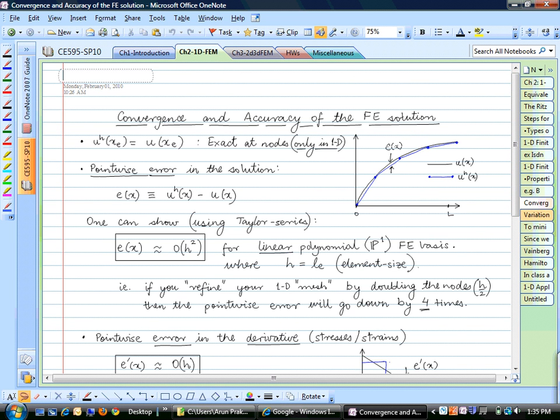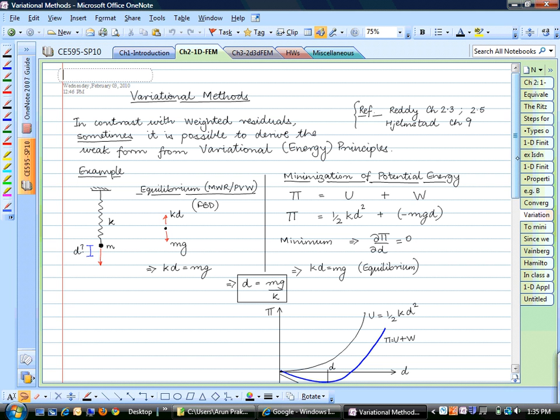These are the two ways of decreasing the error between your computed solution and the exact solution. Okay, so last time we started to take a look at some of these variational methods. Now variational methods are an alternate approach to the method of weighted residuals. And whenever you hear the word variational methods, you should think of energy methods. So we took a look at how we can apply these energy methods to calculate the displacement.